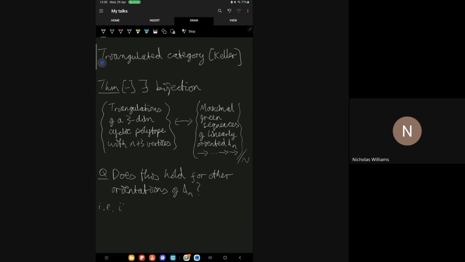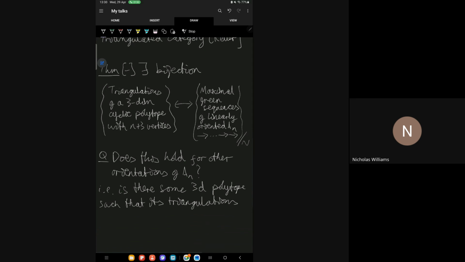Which is to say, is there some three-dimensional polytope, three-dimensional shape, such that its triangulations correspond to equivalence classes of maximal green sequences?